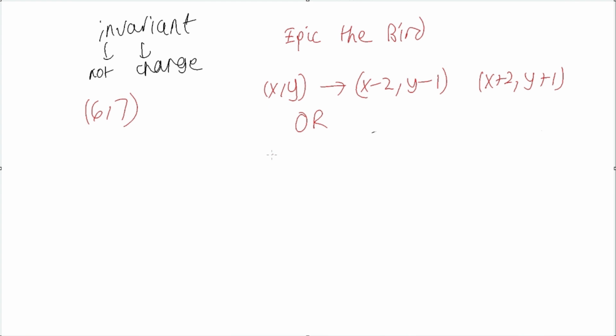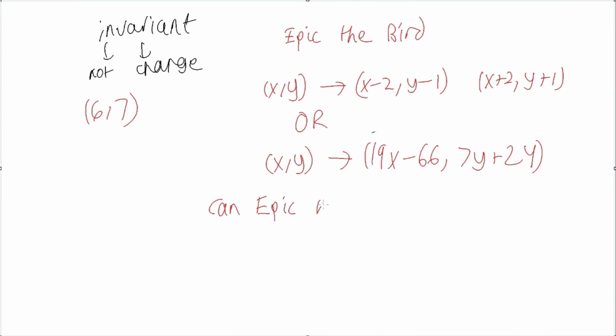Or he can move from (x, y) all the way to a very far point away, which is (19x minus 66, 7y plus 24). And the ultimate question is, can Epic reach the point (14, 34)?